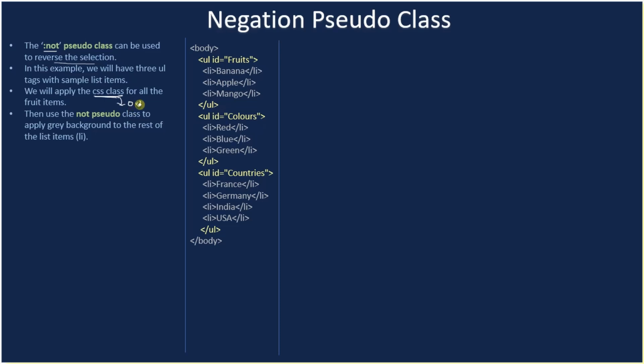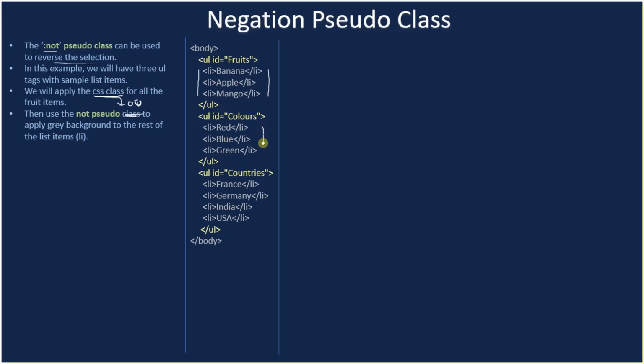So first we will apply the style overline and underline to all the fruits, right? Banana, apple, mango. Then use the not pseudo selector, it's not a class, to apply gray background to the rest of the list items.